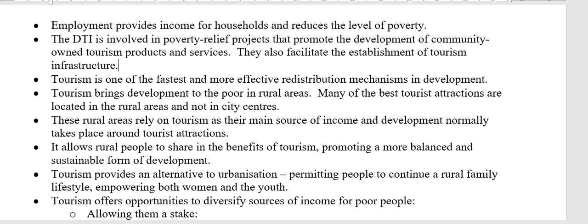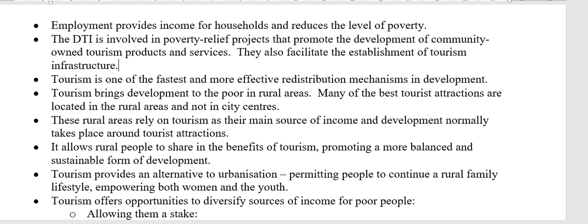So obviously most of the poverty-stricken areas will be in our underdeveloped areas, the rural areas, where infrastructure might be lacking. So basically the government, the Department of Trade and Industry, makes sure that these rural areas will receive the infrastructure that is necessary to bring the tourists to the area so that the local people can also reap the benefits of tourism.